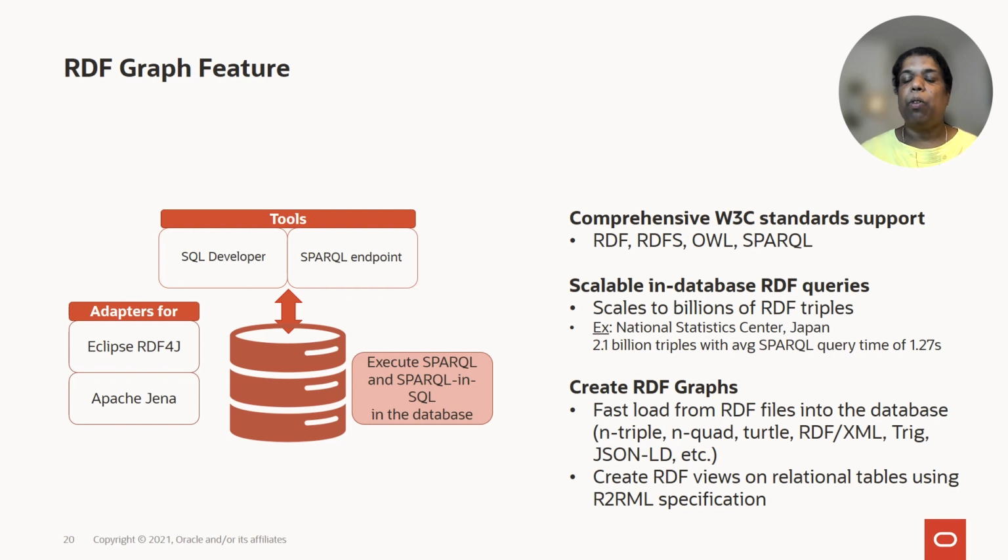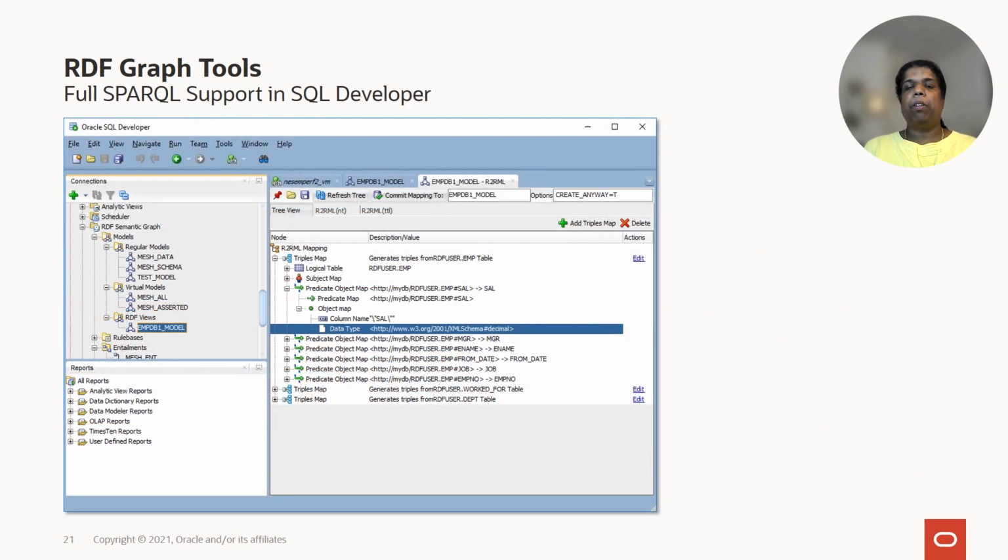And we have support for loading from a variety of formats, and also for the R2RML specification, which helps you create RDF graph views on relational tables. SQL Developer is a popular tool for developers who know SQL, and we have a plugin for SPARQL, so you can use a familiar tool to run SPARQL queries against RDF data in the database.